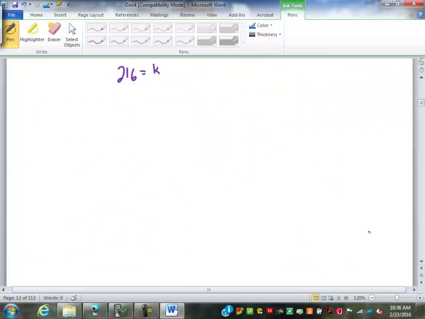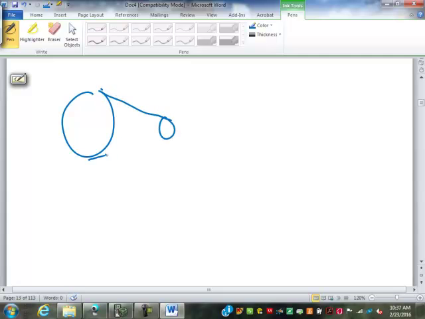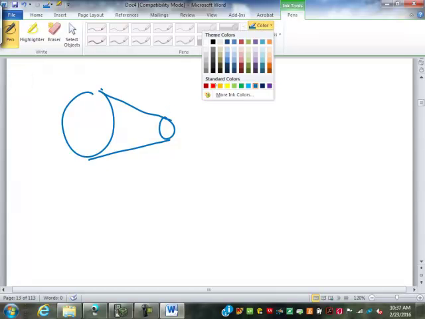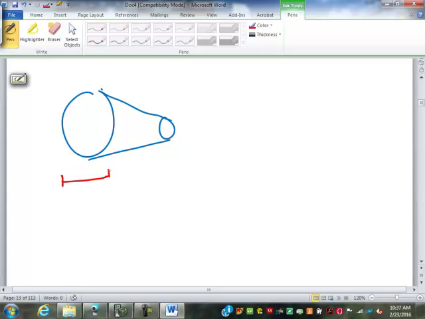The best example of inverse variation is a pulley. Or you could also use gears as well. But when I'm looking at these two pulleys here, which pulley has to be turning faster? The small one. So let's say that this is a 10-inch pulley and this is a 3-inch pulley.